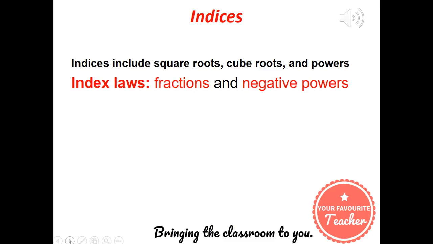So we've looked at negative powers, we've looked at fractions, and now we're going to combine both of those things: fractions with negative powers. So I have a over b to the power minus n, and that is the same thing as the reciprocal of a over b to the power n, which is like flipping the fraction.